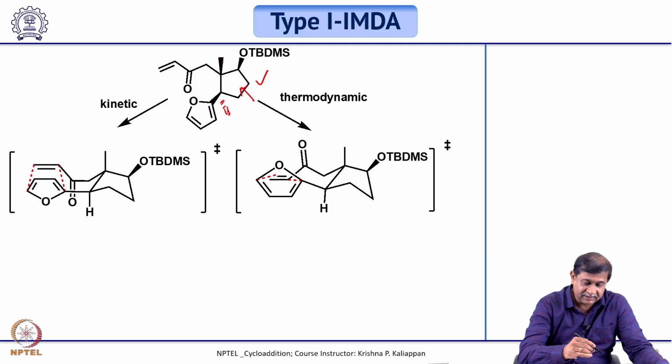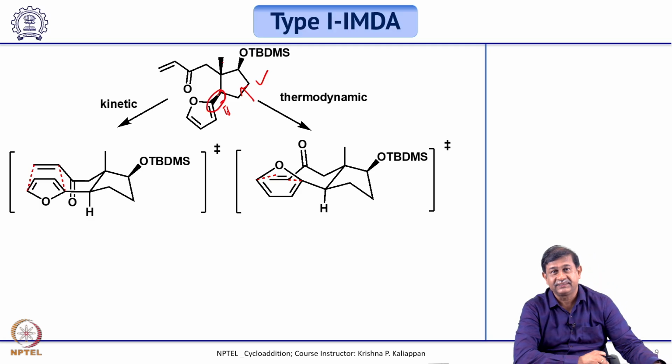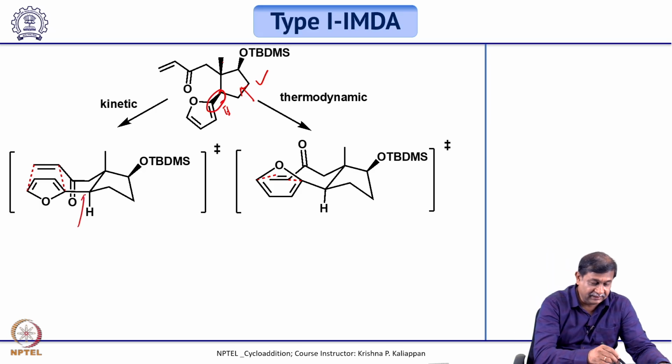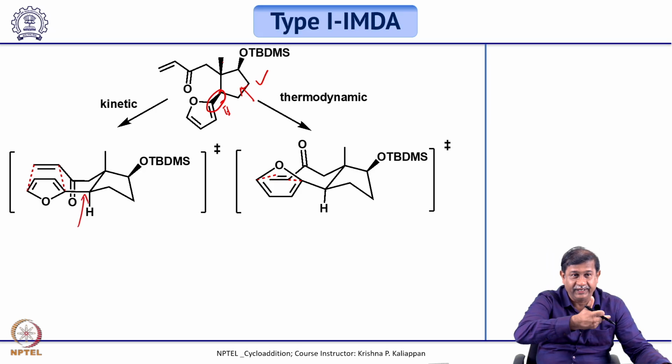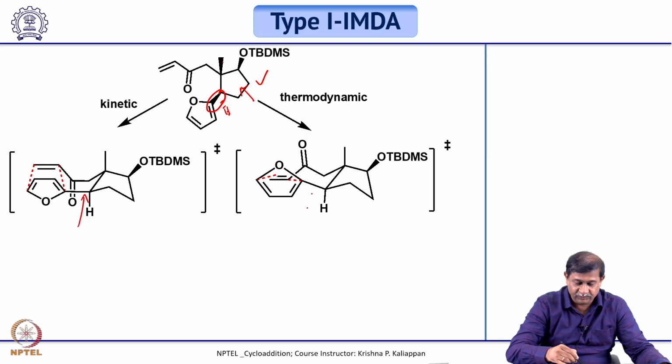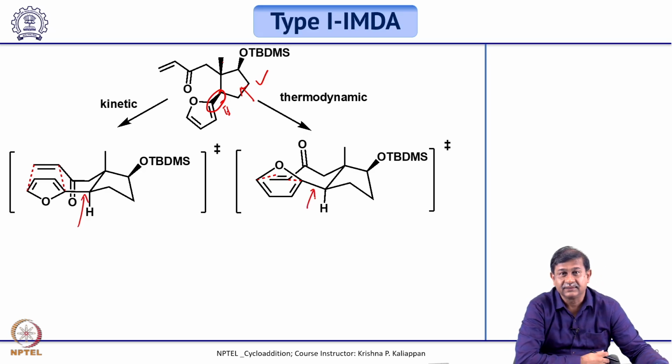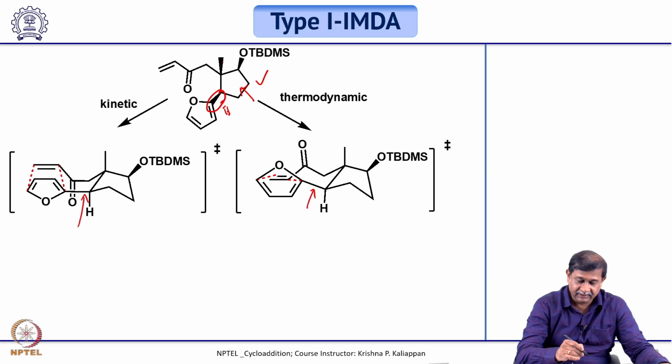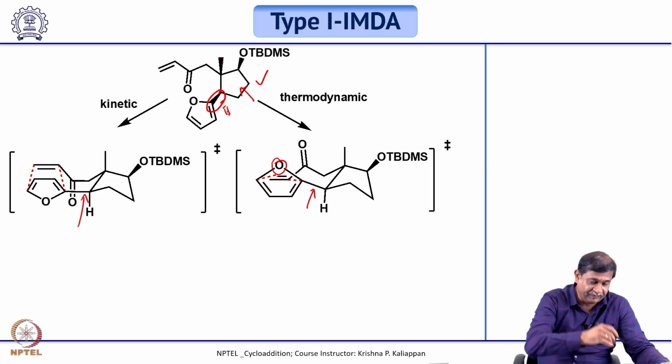That is because this CC bond can rotate. If you rotate this CC bond, you will get this conformer. Here the oxygen is on the top, whereas here the oxygen is at the bottom.